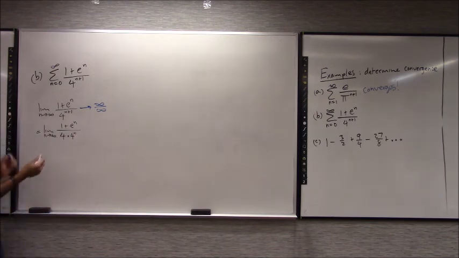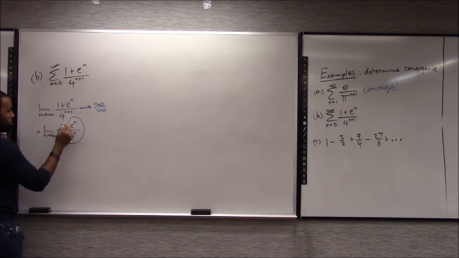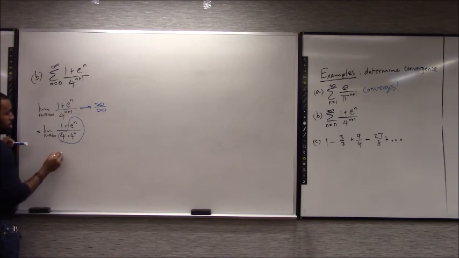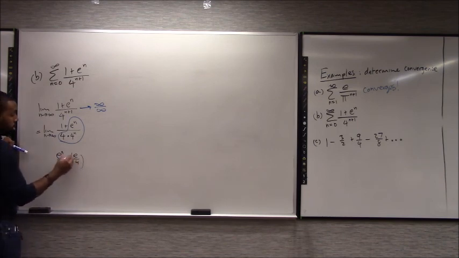And if you remember that the biggest guys control things as you go off to infinity, that's what the limit is going to behave like. This +1 isn't going to matter when you're going off to infinity. So basically, you are really looking at e to the n over 4 to the n. That's what this is going to behave like, or e over 4 to the n.